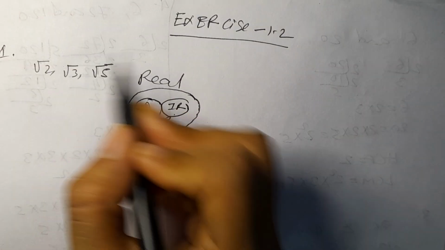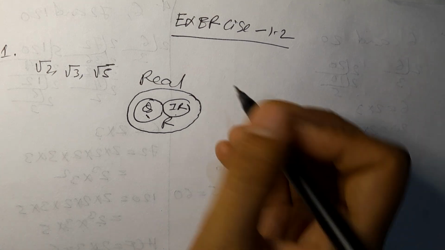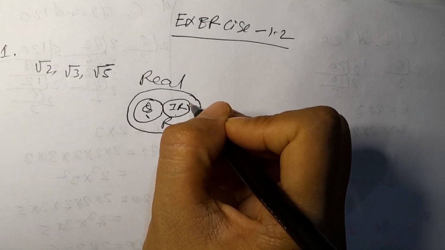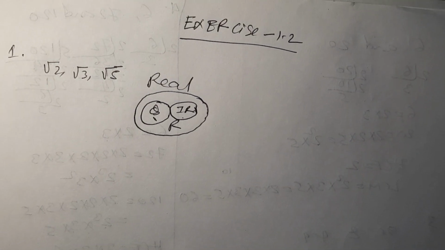So we call it a contradiction, because our consideration was wrong. We have to prove it in this way.